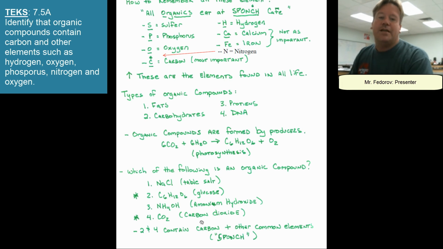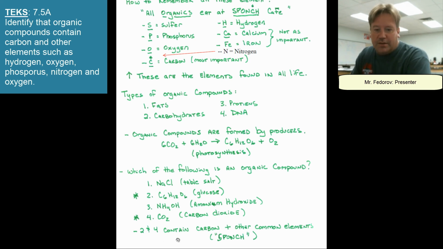Finally, we have carbon dioxide, CO2. Now, this is an interesting situation because in carbon dioxide, it depends on whether or not it's going through a life process. But for our purposes, for my class, I want you to remember that because it has carbon, which is up here, and because it does have oxygen, which is right here, it is going to be considered an organic compound.